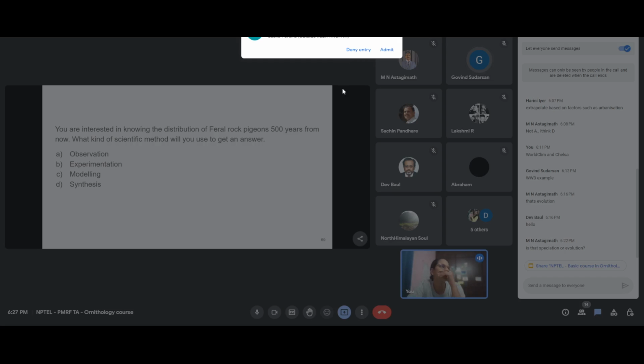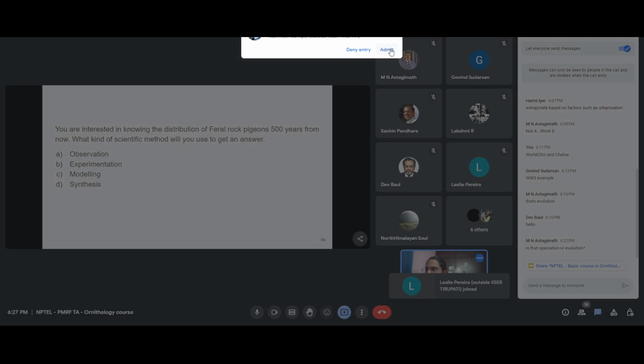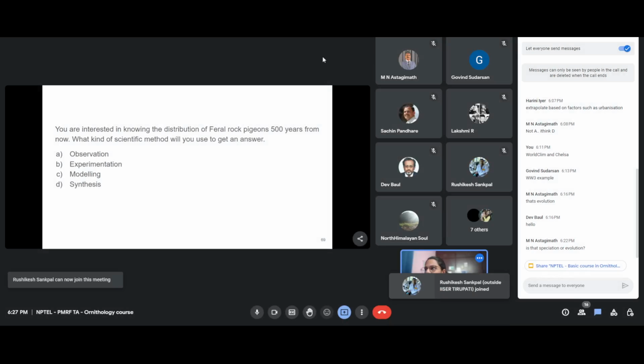I don't know, a cat hunts a rat, for example, that's behavior, right? But if a cat hunts a rat in a certain way everywhere, all over the world, it's behavioral evolution.